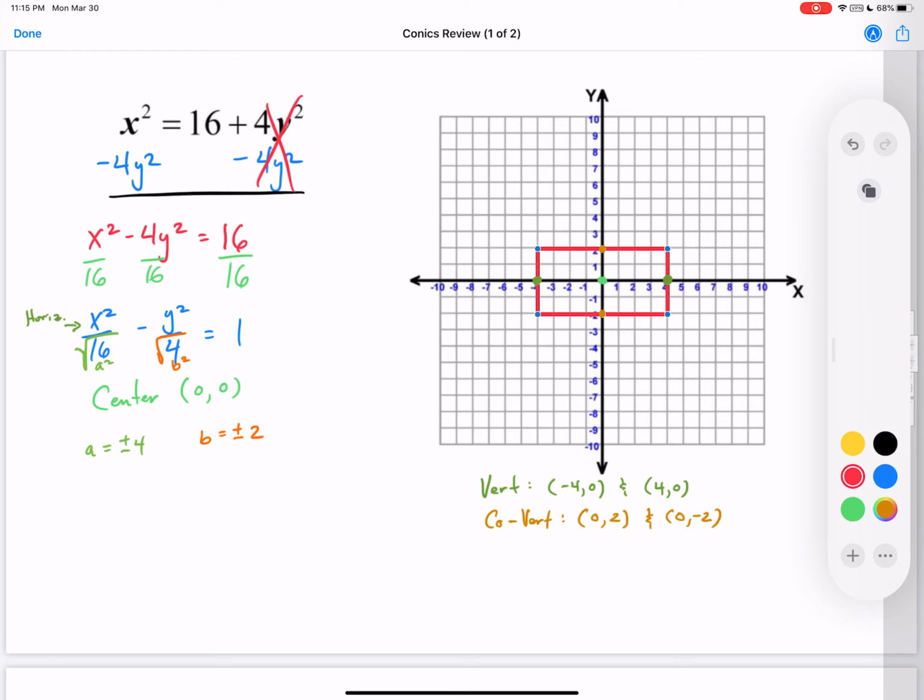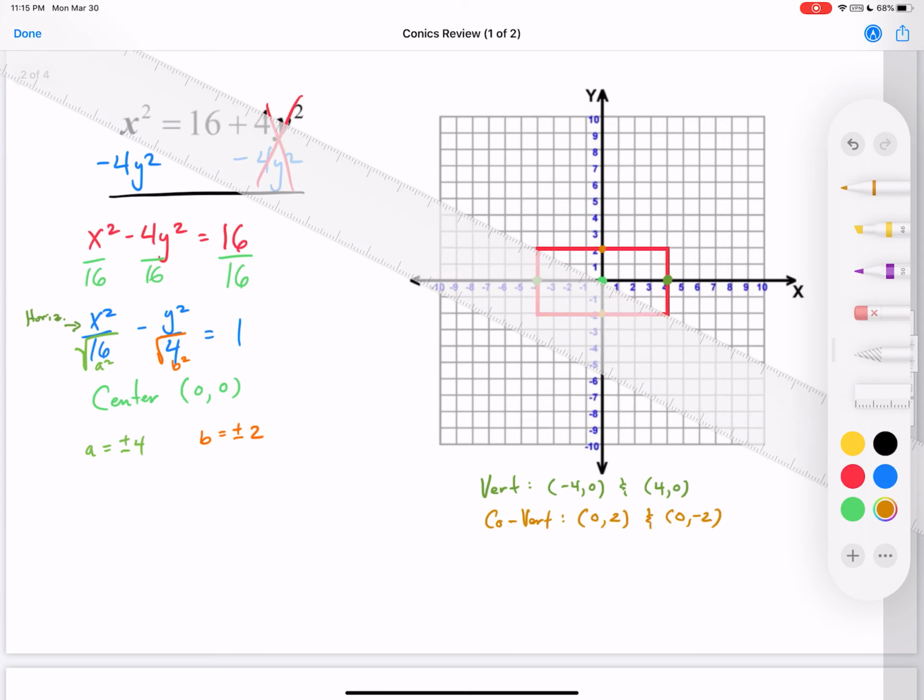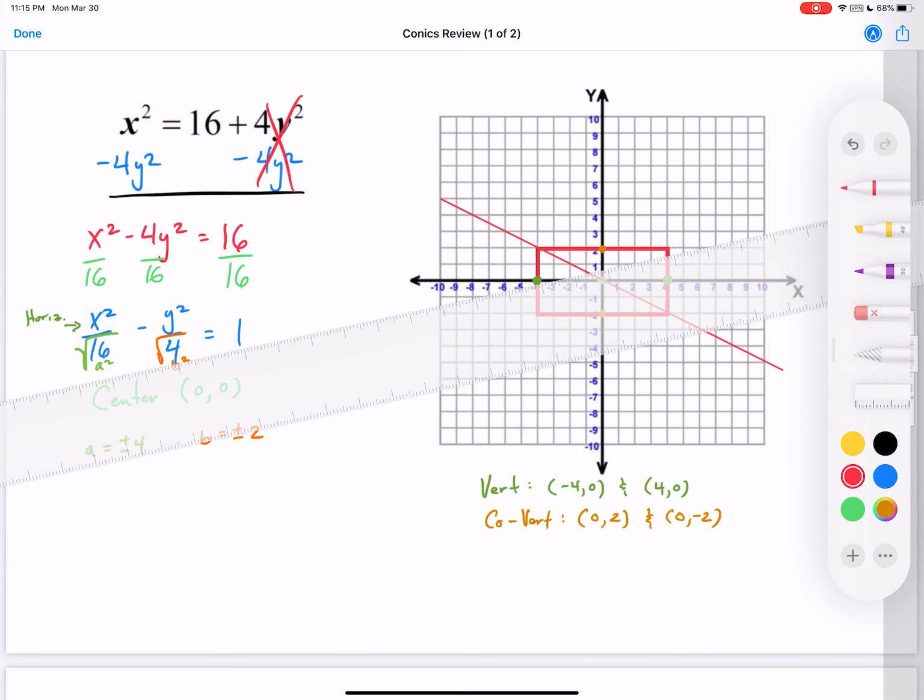Now what we're going to do here is draw a diagonal line connecting these corners. So I'm going to go ahead and draw a diagonal line here. And these diagonal lines will represent my asymptotes.